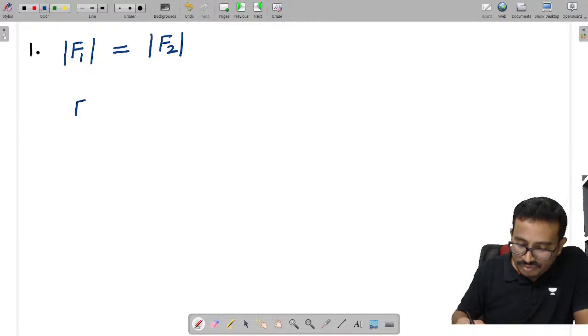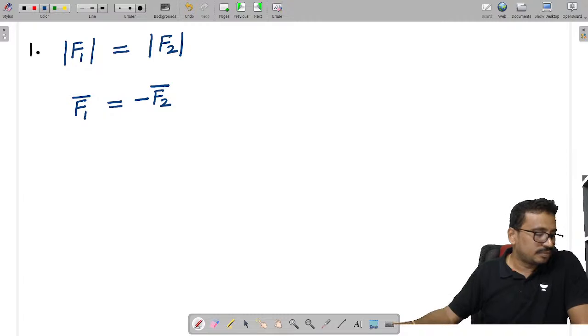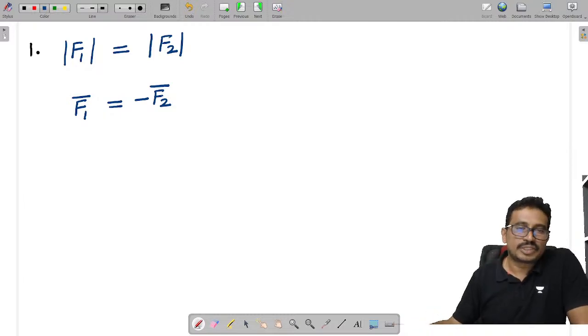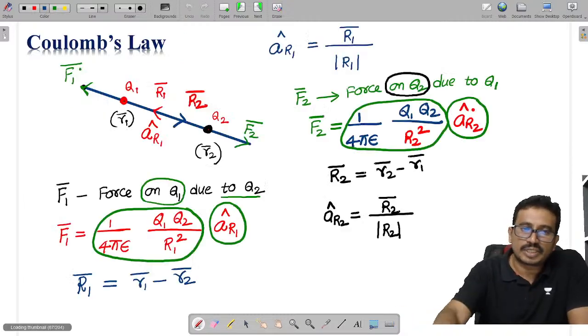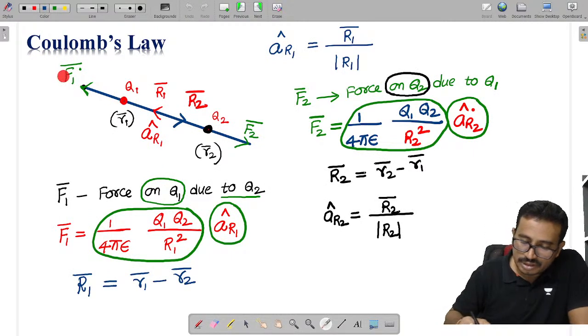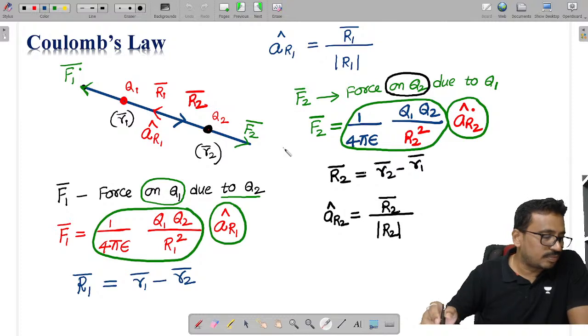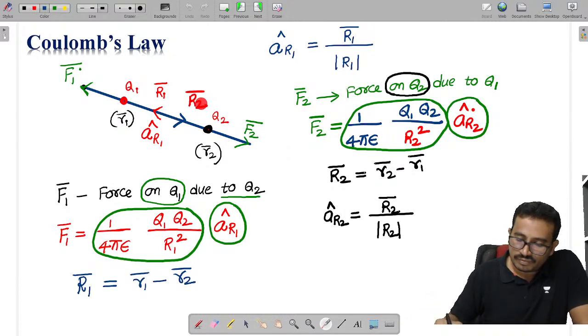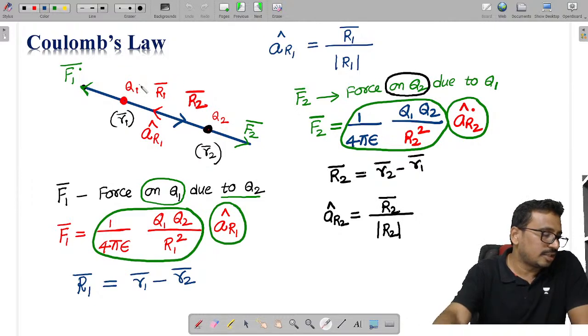And with respect to direction, F1 bar is given as minus F2 bar. The directions are opposite. This is the F1 direction, this is the F2 direction, so completely opposite. What is the phase difference between F1 and F2? 180-degree phase shift.